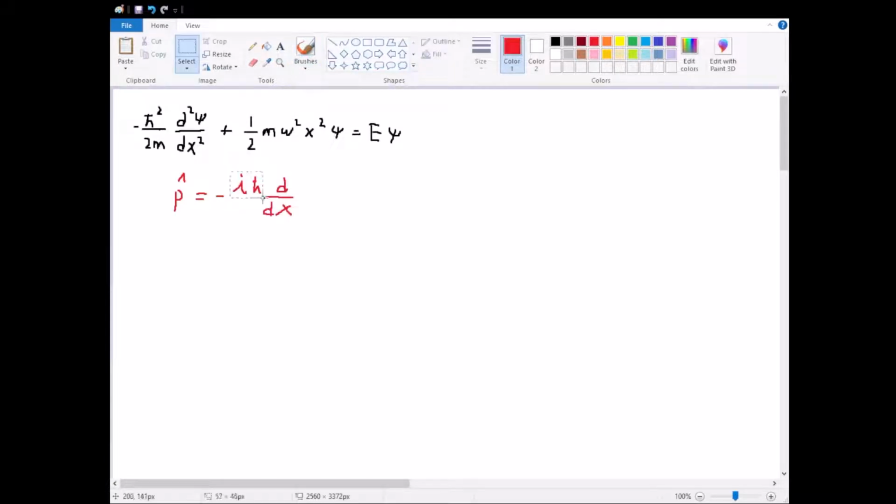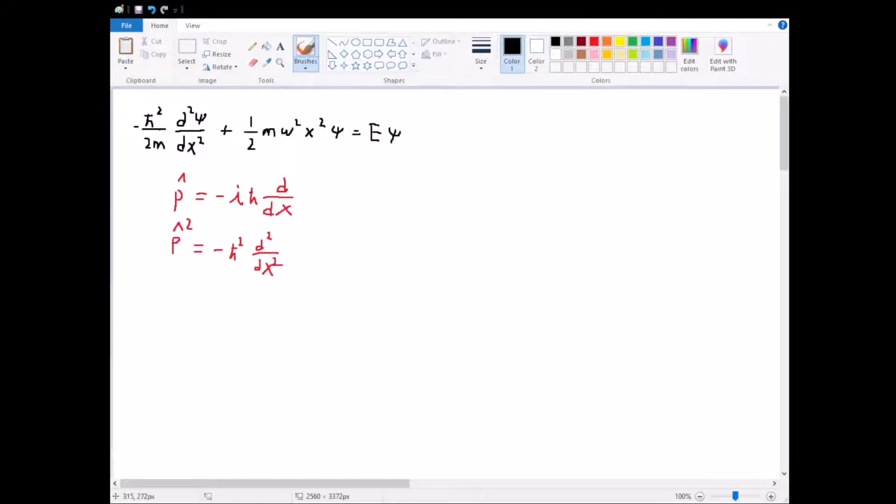So if we replace everything, from here we have a second derivative. So p hat squared is going to be this same thing applied twice. Two negatives make a positive, but i times i makes a negative again. So this is going to be negative h bar squared times d2 by dx squared.